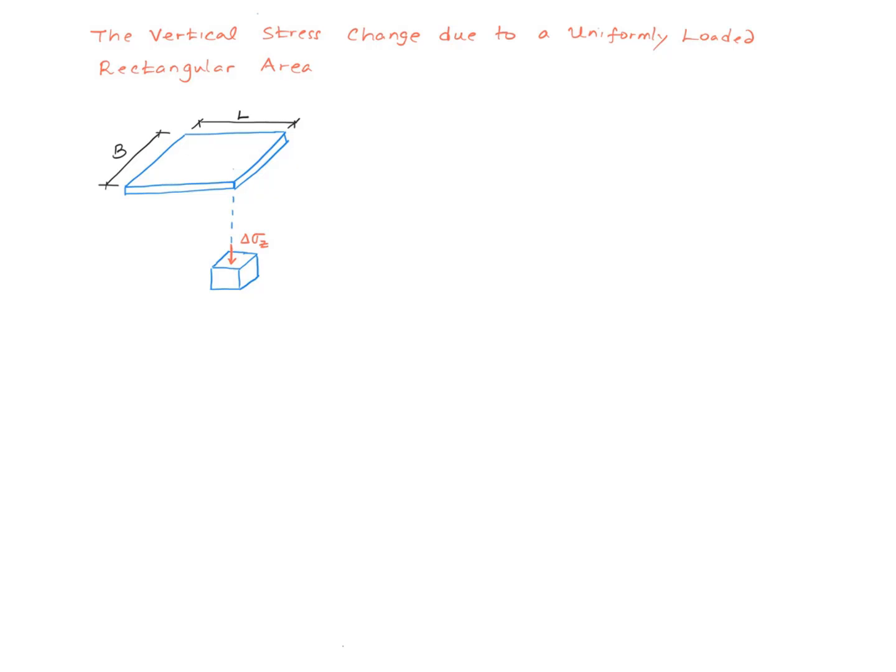Alright, let's discuss how to calculate the vertical stress change due to a uniformly loaded rectangular area like this one right here. It turns out that the solution is available for a point such as point A that lies directly below one of the four corners of the rectangle.